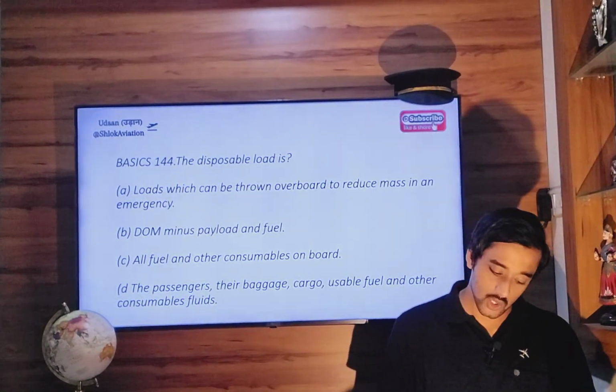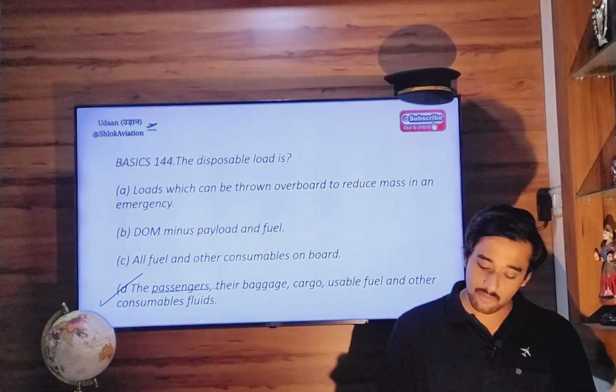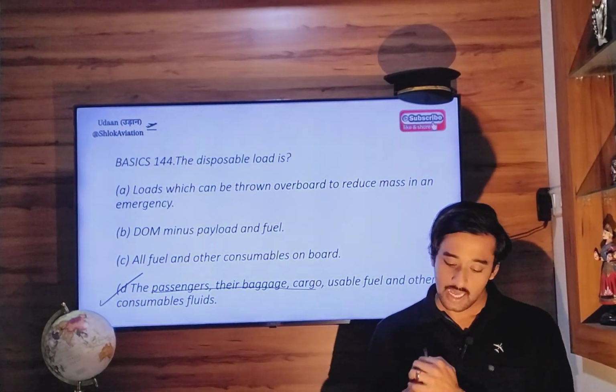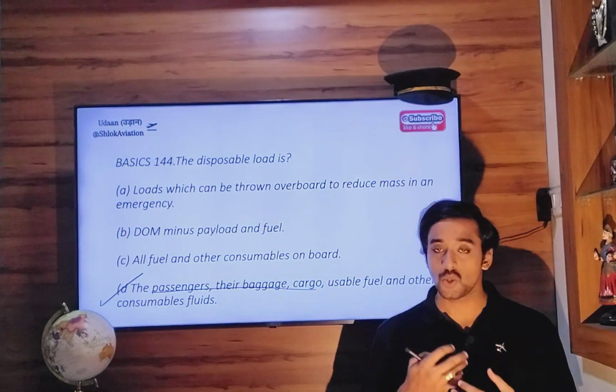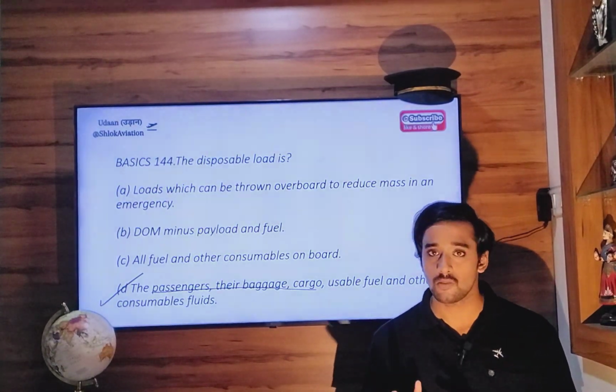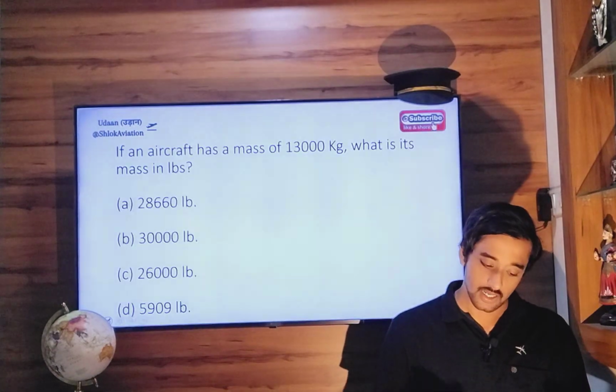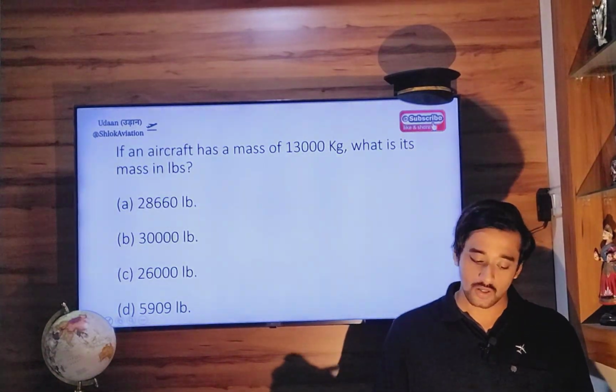Passengers, their baggage and cargo make up your traffic load. Usable fuel and other consumable fluids means your takeoff fuel basically. So delta.